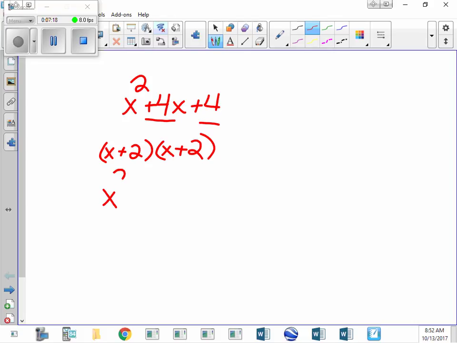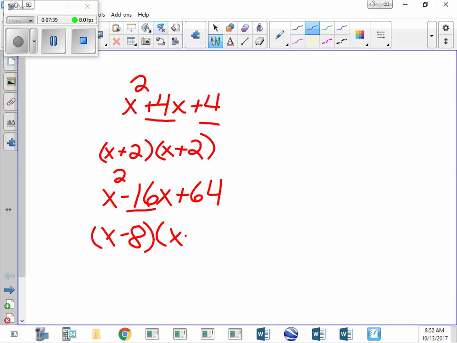Okay. X squared minus 16x plus 64. Does that one work? Cut that in half. Negative 8. Is negative 8 times negative 8 64? Yes. So this will be x minus 8 and x minus 8.